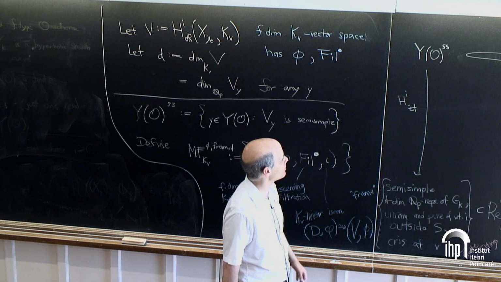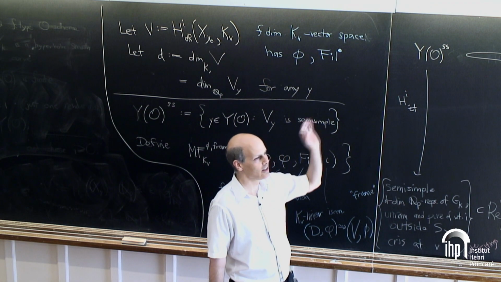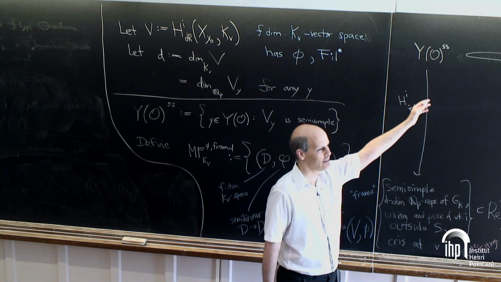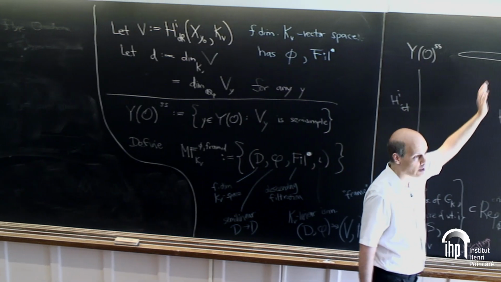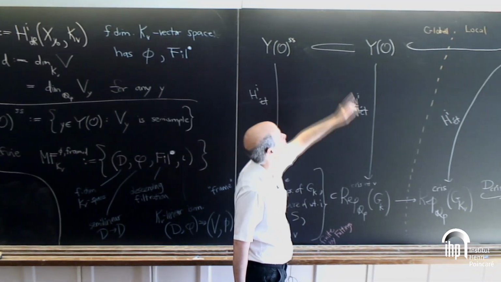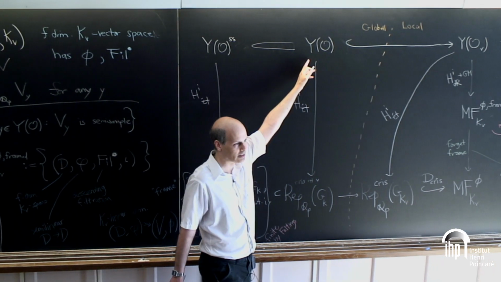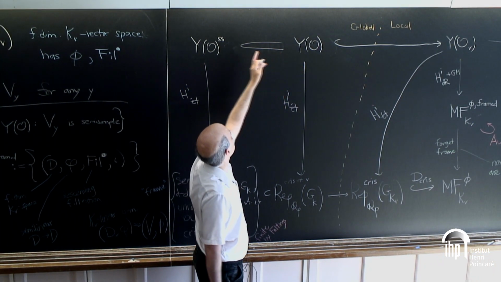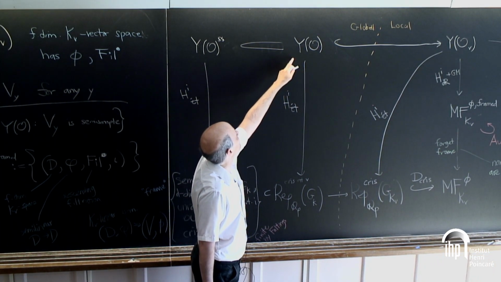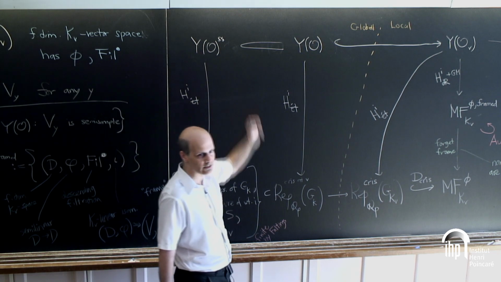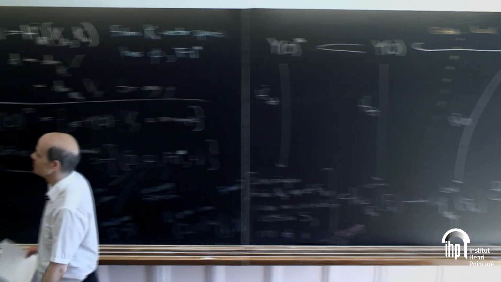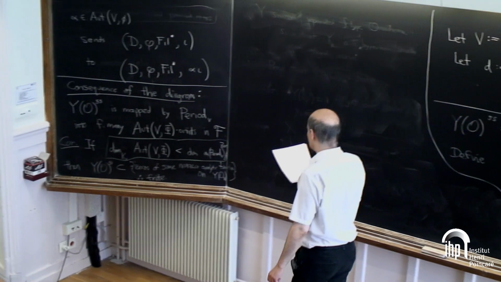So Lawrence and Venkatesh give a separate proof. They don't prove that all these things are semi-simple, but they at least prove that there are only finitely many points here that do not give rise to semi-simple things.